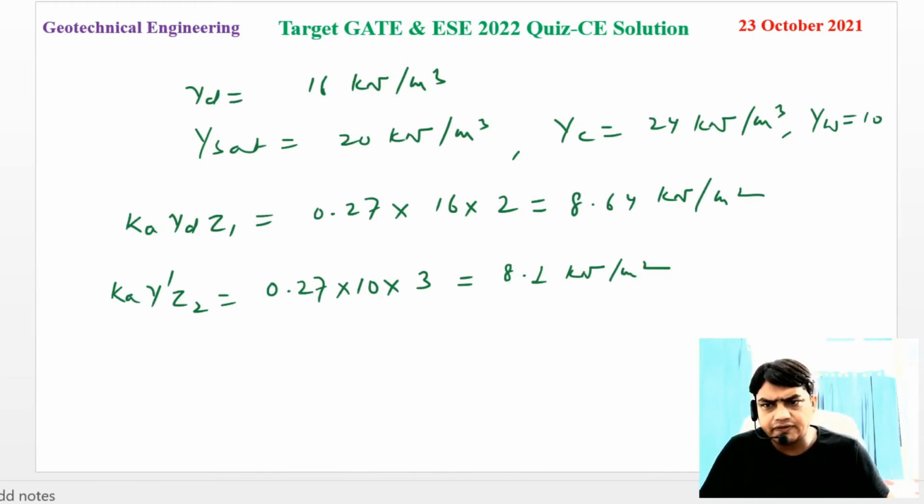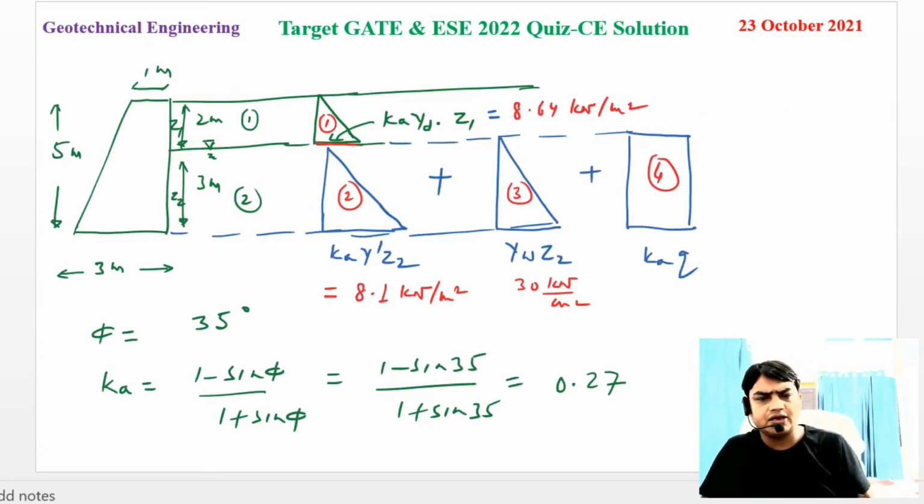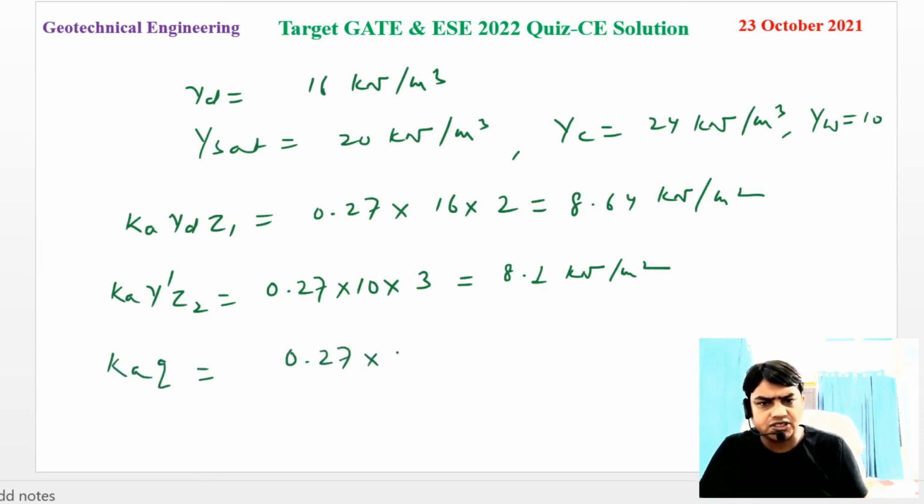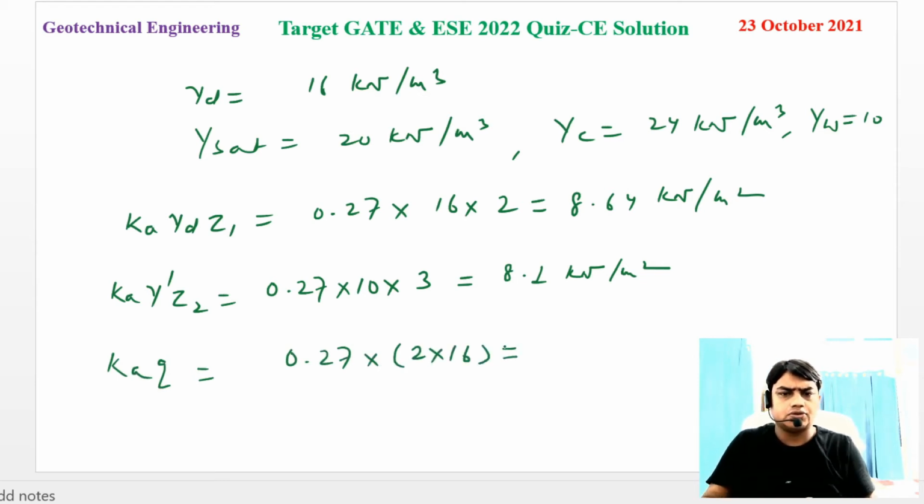So similarly, the value of K into Q can be computed. What is the value of surcharge? Surcharge loading is gamma D, that is 16 into 2. So K into Q is 0.27, and the value of surcharge is 2 into 16, so 0.27 into 32.